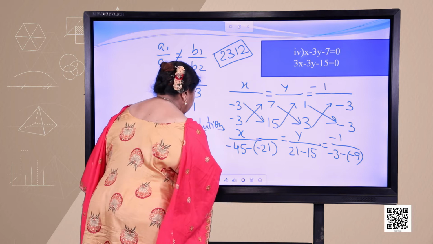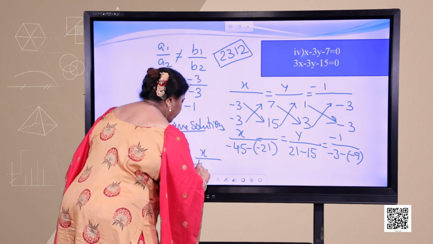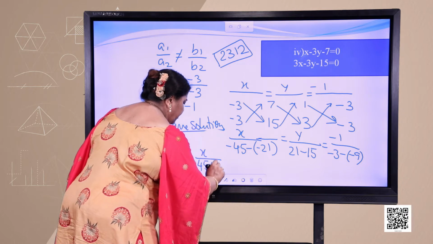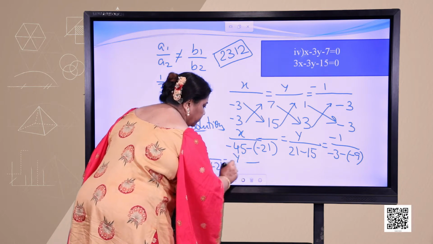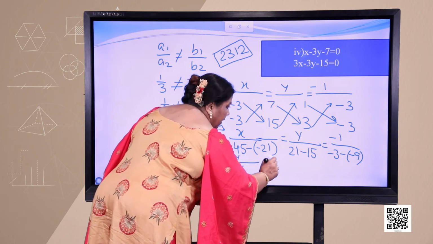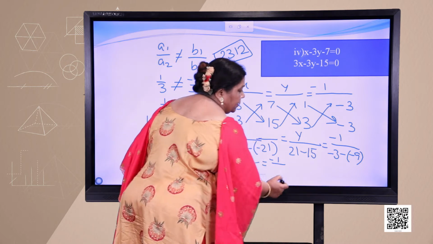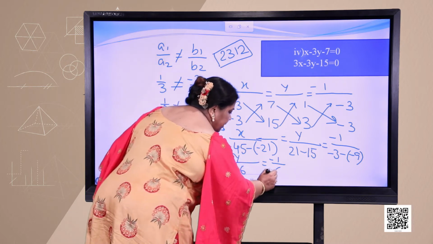If I solve this, x upon minus 45 plus 21 is equal to 21 minus 15 is 6 and minus 1 upon minus 3, minus of minus is plus here. So, 9 minus 3 is 6.